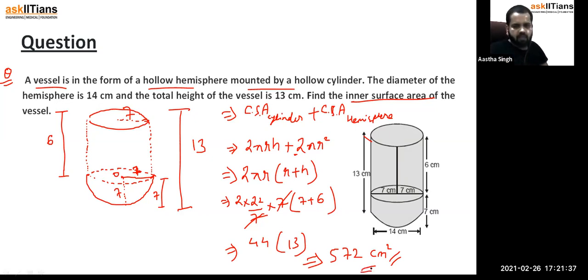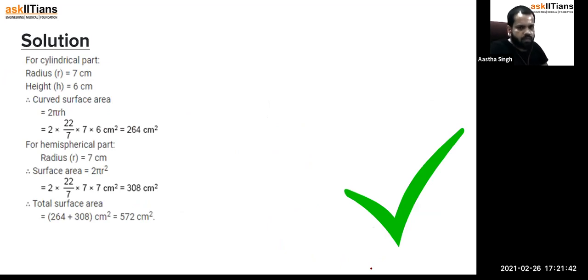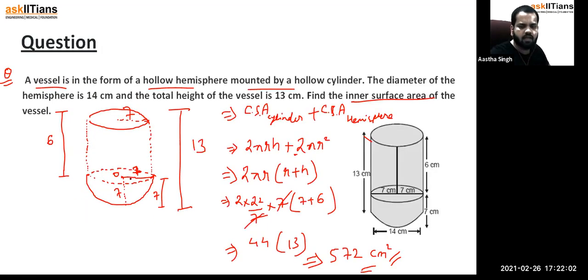Let's go through once again. I think the point is clear, or let me just show you the solution. They have calculated the parts of curved surface area of cylinder and hemispherical part separately. You can do it like this, right?